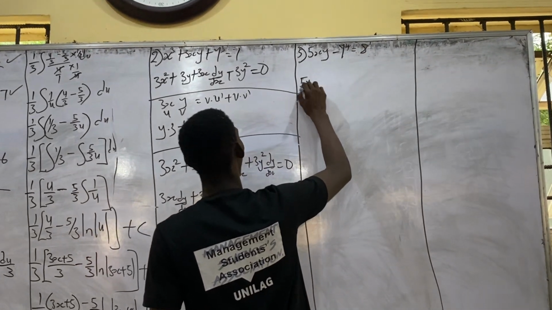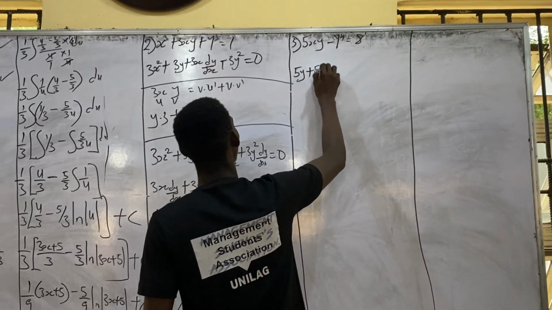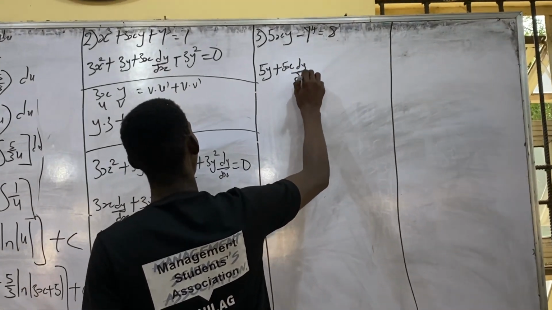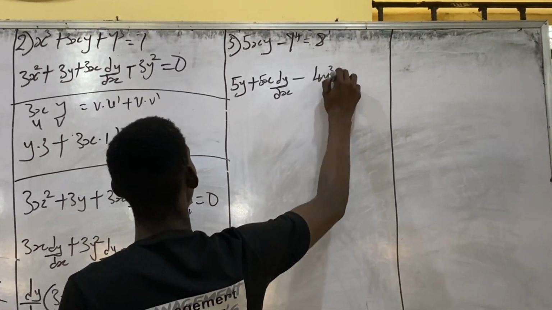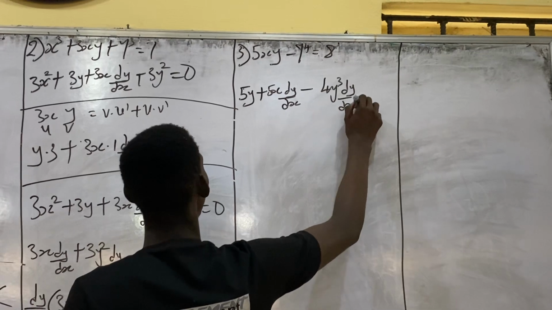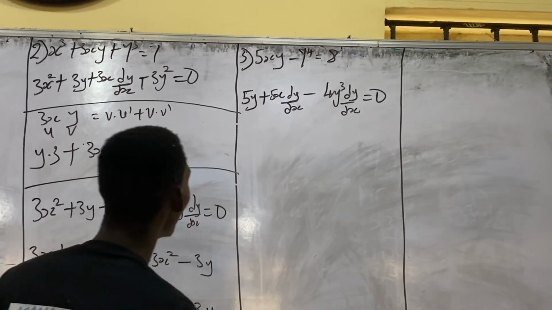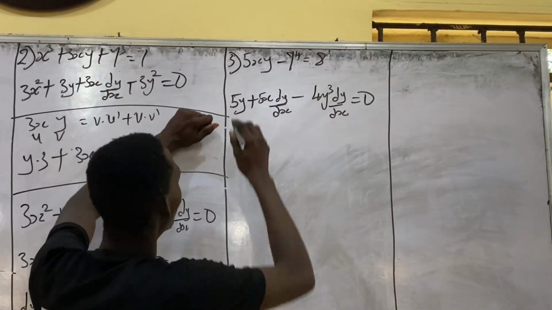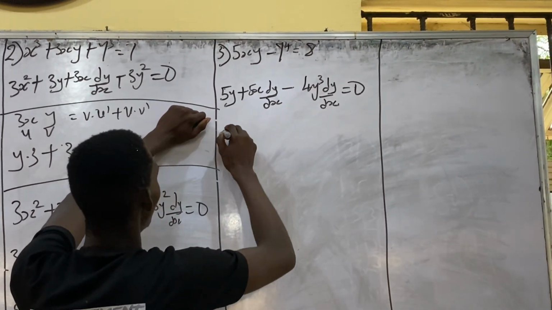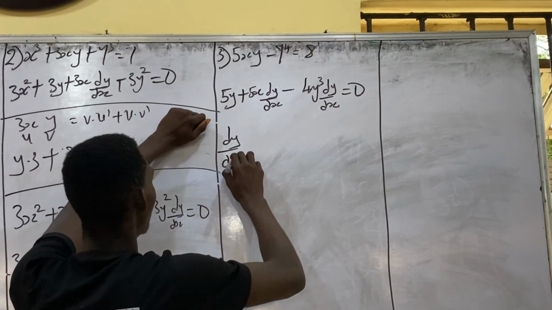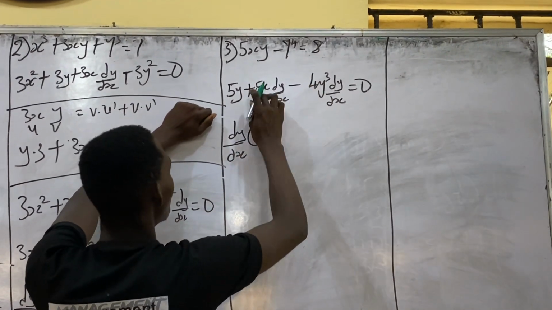This will give us 5y plus 5x dy dx minus 4y to the power of 3 dy over dx is equal to 0. So this is quite straightforward. We take 5y to the other side and factorize this. What's common here? dy over dx in bracket.